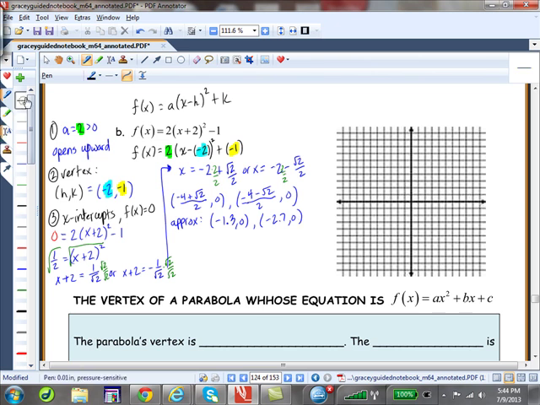The y-intercept, that's our fourth step before we start graphing. And remember, with the y-intercept, we're evaluating f at 0. So f at 0 will be 2 times 0 plus 2, the quantity squared, minus 1.